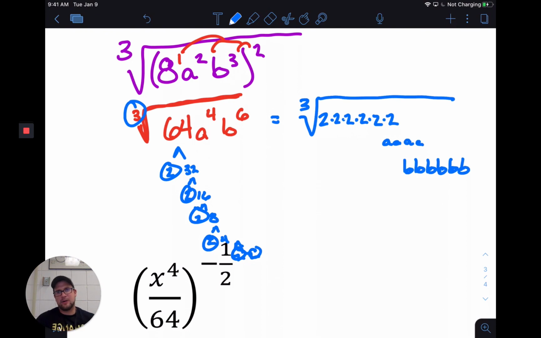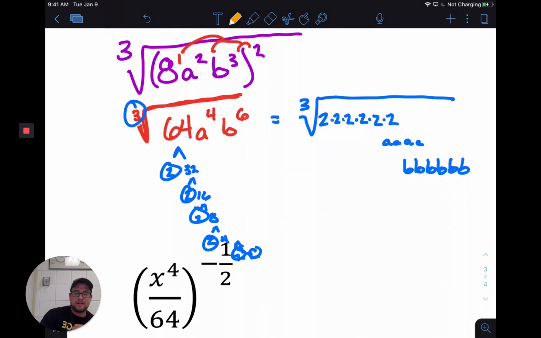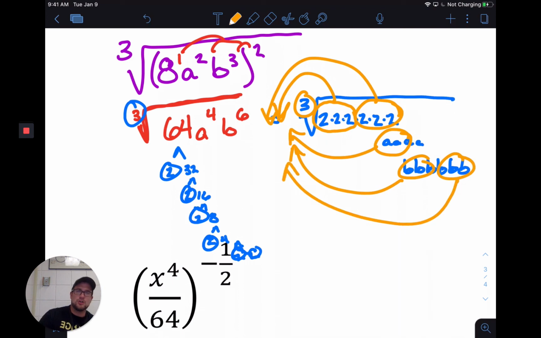Now, as we talked about earlier last week, whenever I'm trying to evaluate these, the way I like to think about it is like a 2-for-1 special if we're doing square roots. But whenever this number is a 3 on the outside, I need 3 of the same thing in order to pull 1 to the outside. So I'm going to be able to pull out a 2. I'm going to be able to pull out another 2. I'm going to be able to pull out an A. And I'll be able to pull out a B and a B. So this is all going to look much simpler now.